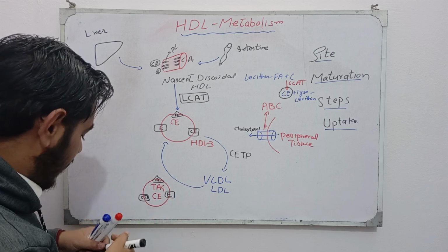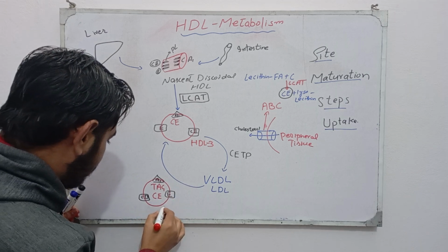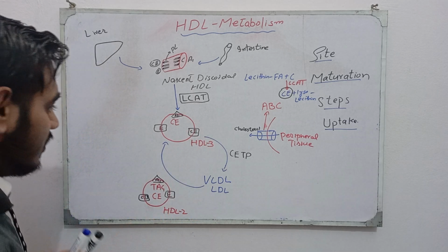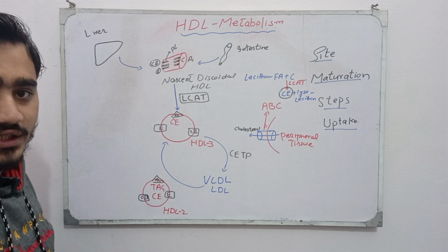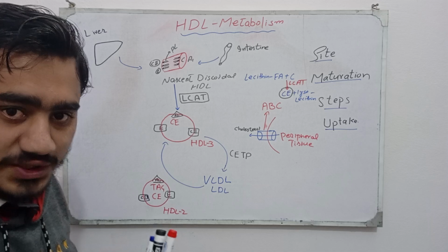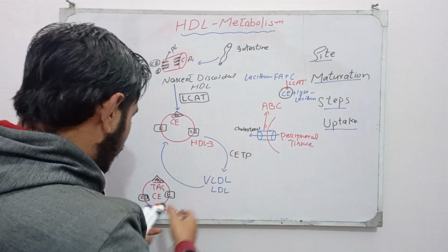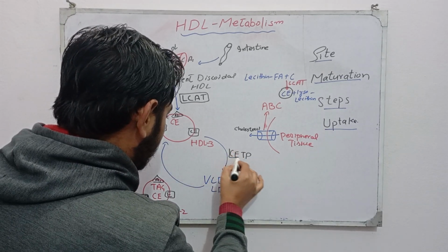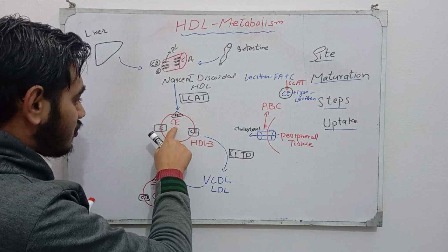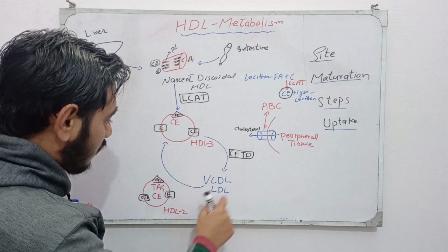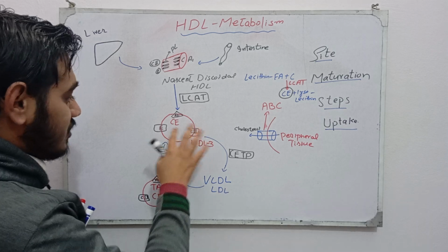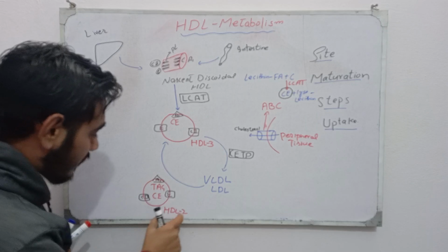The main difference between HDL3 and HDL2 is that HDL2 contains a high amount of triacylglycerol as compared to HDL3.